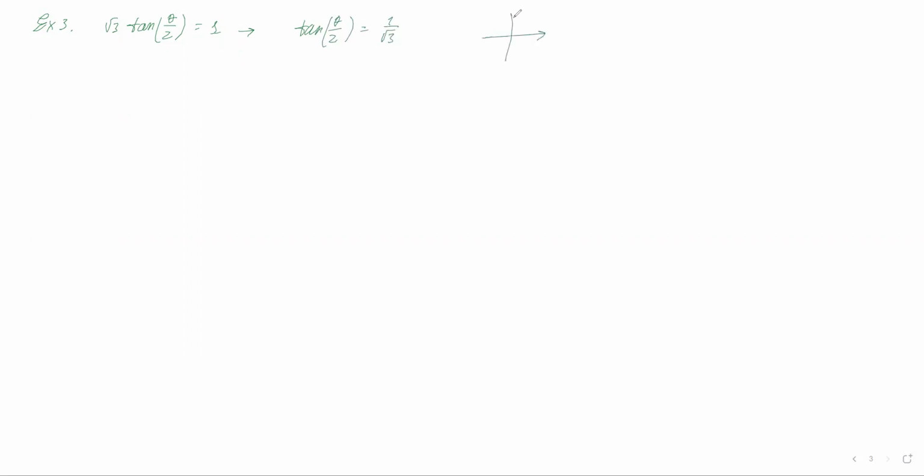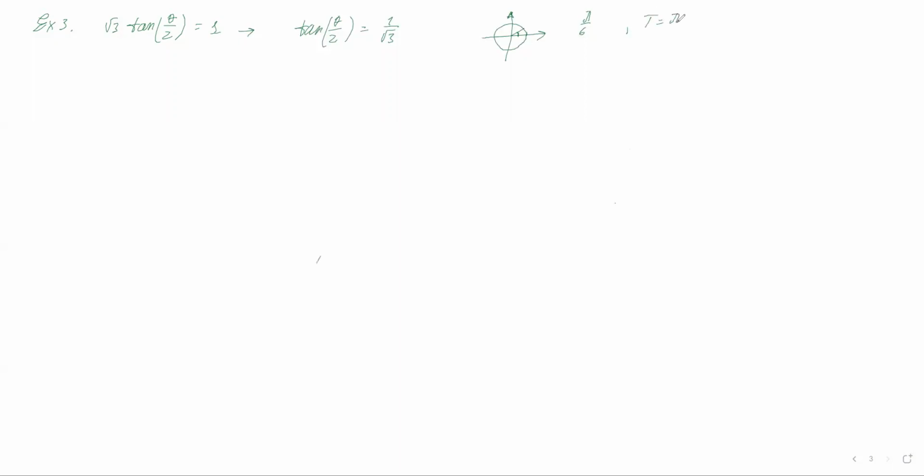Unit circle, right? We are going to see, okay, tangent of what angle is 1 over square root of 3? Well, we do remember that this is pi over 6. The angle is pi over 6, right? And we remember that tangent is periodic with period pi.